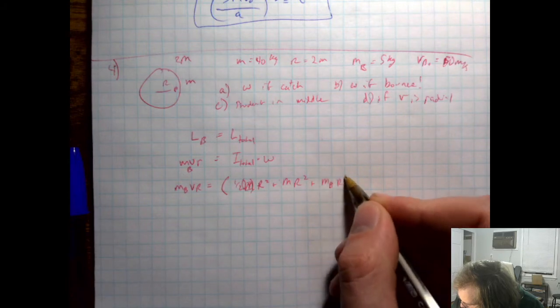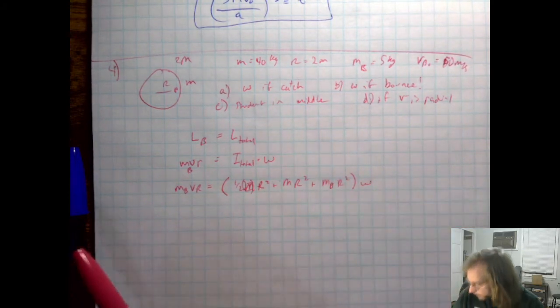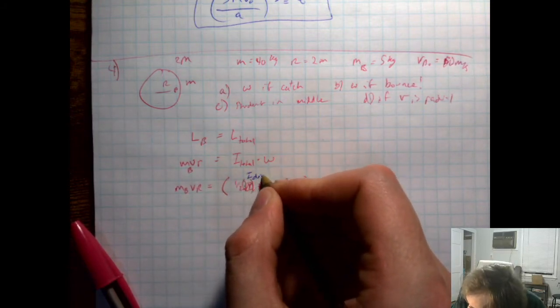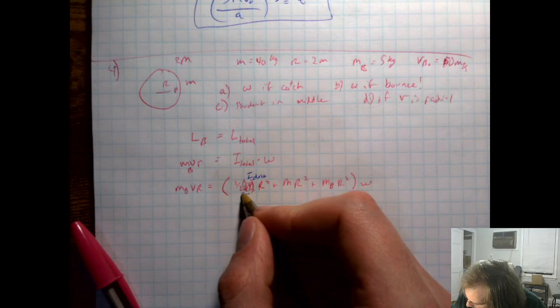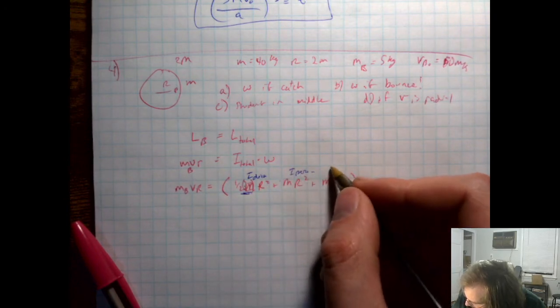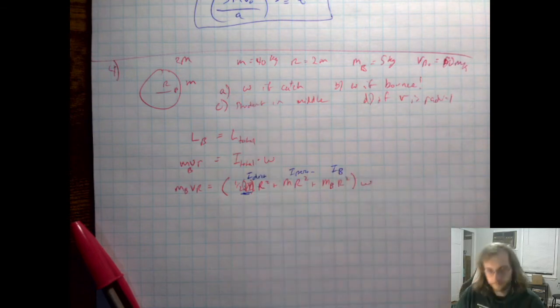So this is the moment of inertia for the disk, which has a mass of 2m, the moment of inertia for the person, and the moment of inertia for the ball, m_ball R squared, times omega.